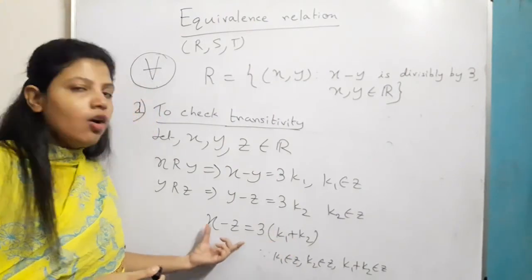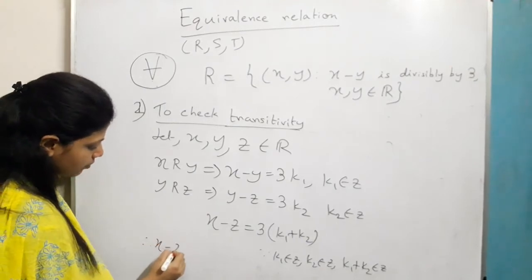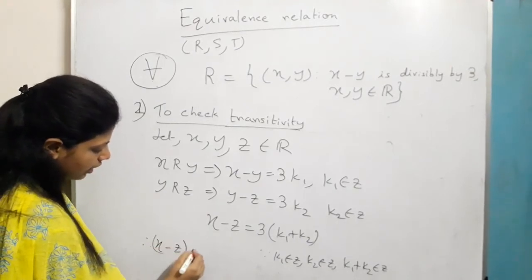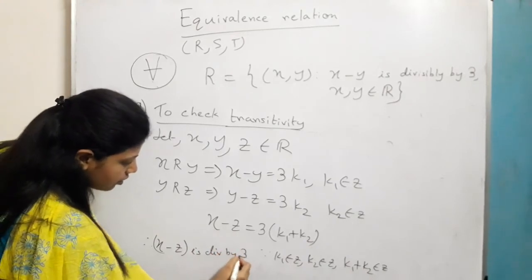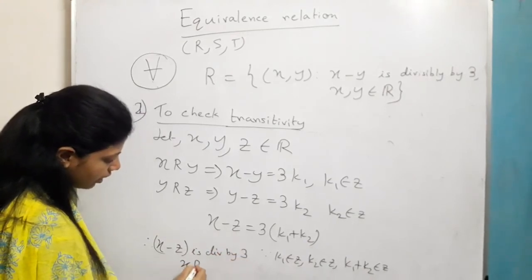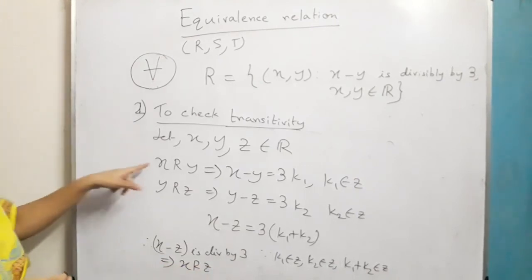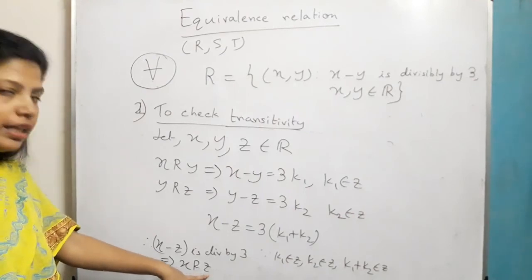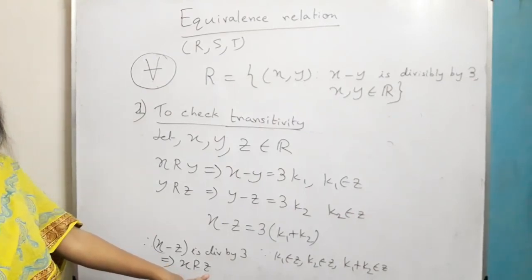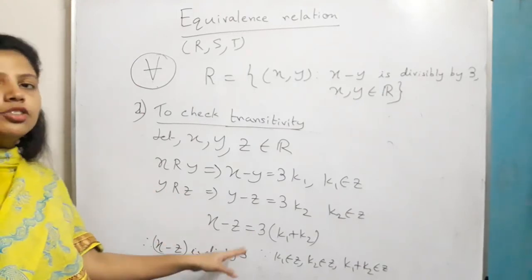So this one is also divisible by 3. Therefore, x minus z is divisible by 3. That means x R z. So I have taken x R y, y R z. I have proved x R z. That means it is transitive. So after that you will write that therefore R is transitive.